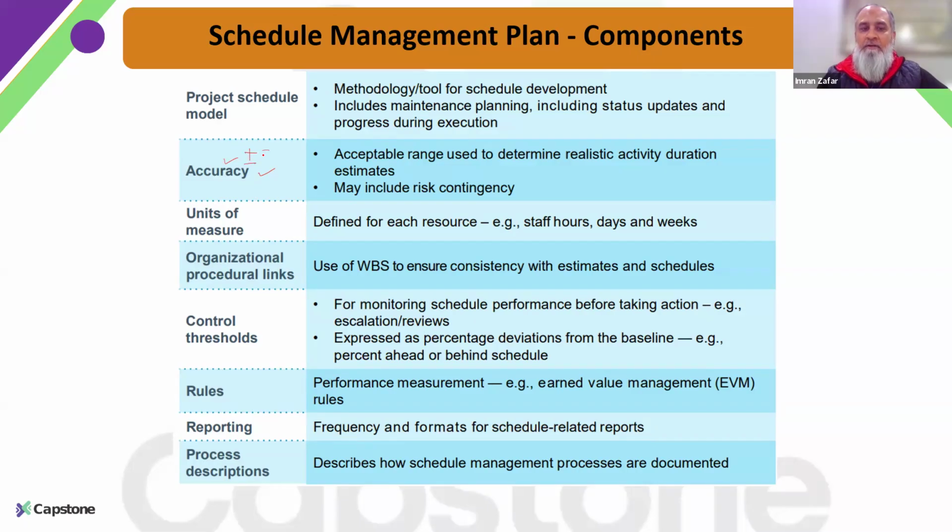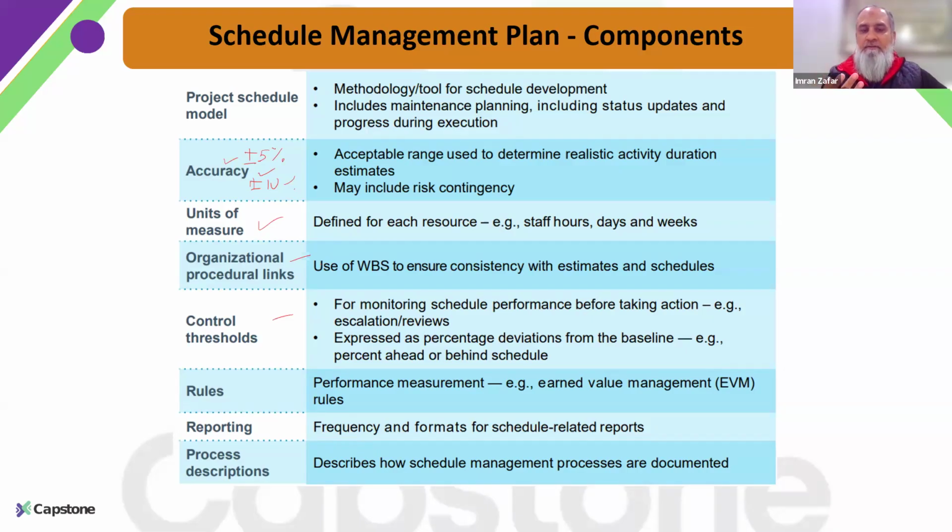Let's say if the organization's policy allows that you can have a plus minus 5%, plus minus 10%. So this accuracy related information can be part of our schedule management plan. How we are going to measure schedule related things, like in days, in weeks, in hours, man hours, how WBS will be used to develop schedule estimates, what control thresholds can be there.